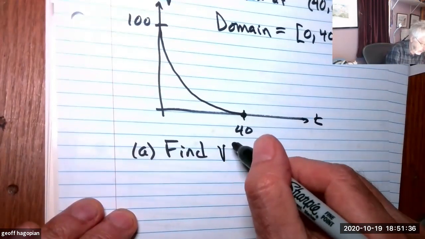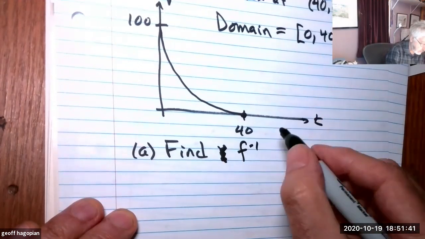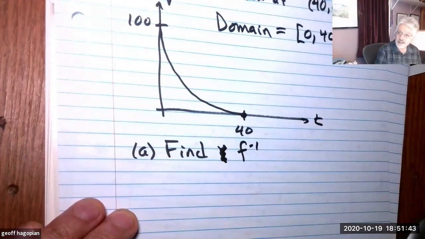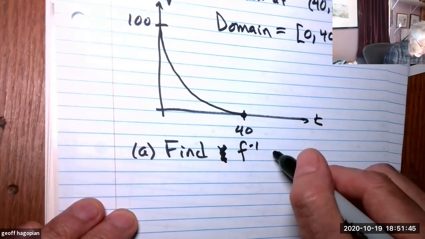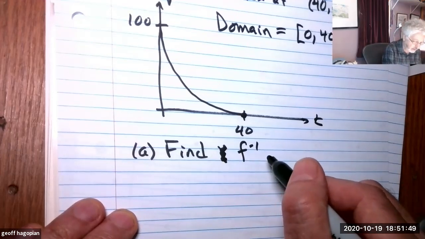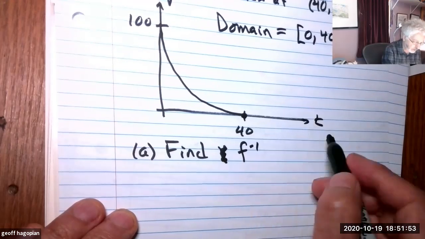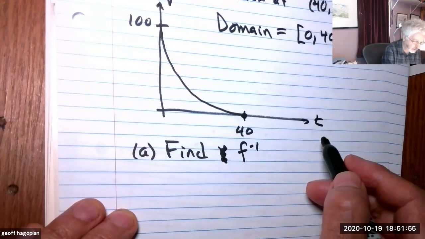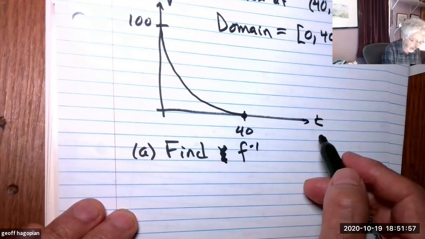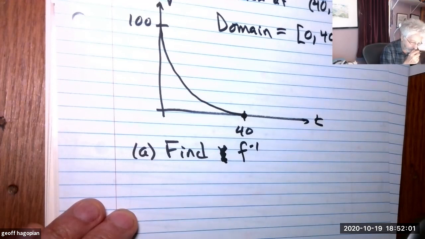So find f inverse, and what does it represent? Notice they don't say f inverse of t, because it wouldn't make sense. T is time, so to rename the variables here doesn't really make sense, because they're not abstract, they're concrete. T is time, V is volume. It would be funny if V were time and T were volume, right?